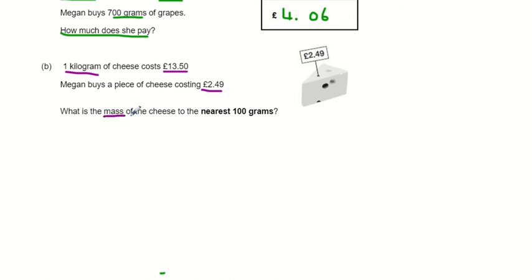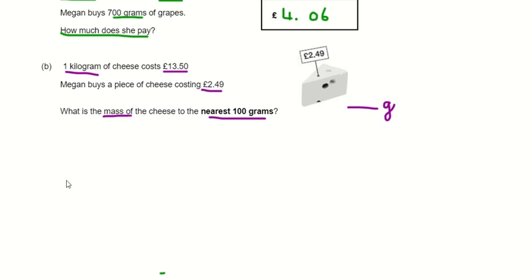What is the mass of the cheese to the nearest 100 grams? Now, mass is weight, so they want to know the weight of the cheese to the nearest 100 grams. So therefore, my answer is something grams. And if it's to the nearest, that means that it's been rounded, either up or down.